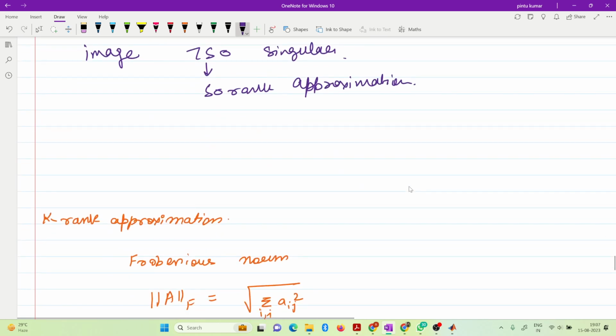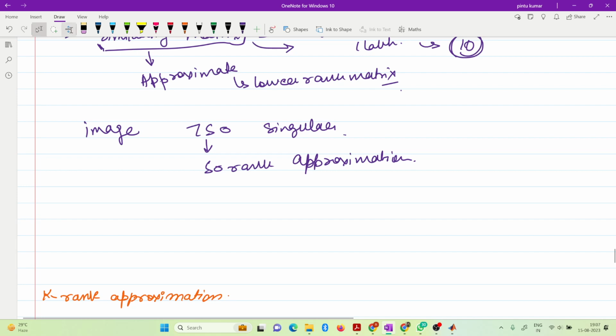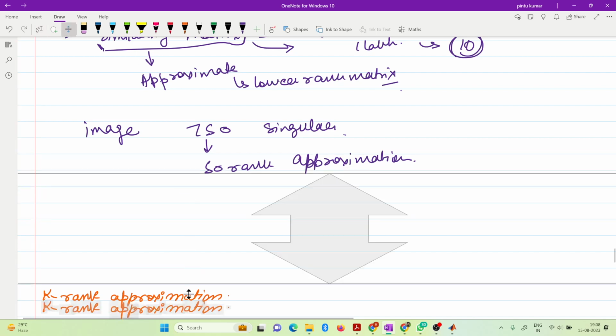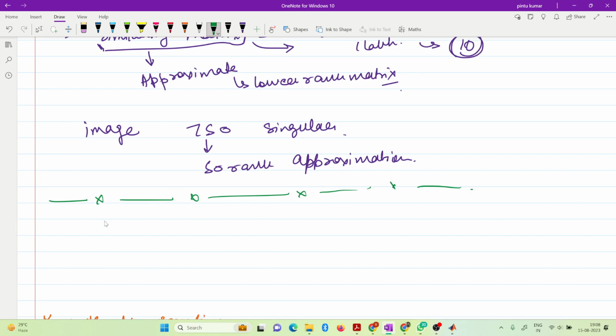So we will look at what we mean by K rank approximation. Then we'll get back to those properties that we are talking about. Now let's say I have a matrix, let's say identity matrix, and somebody asks me to make a 1 rank approximation to this matrix.